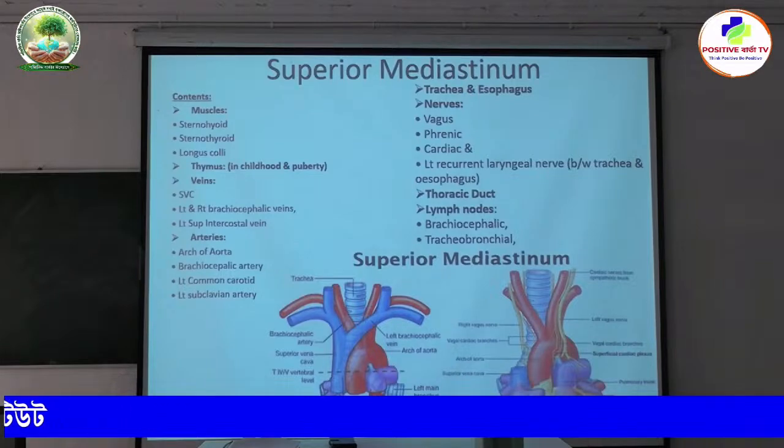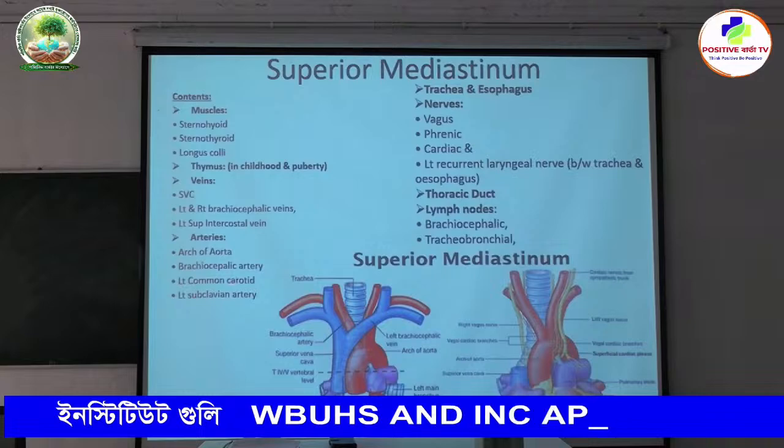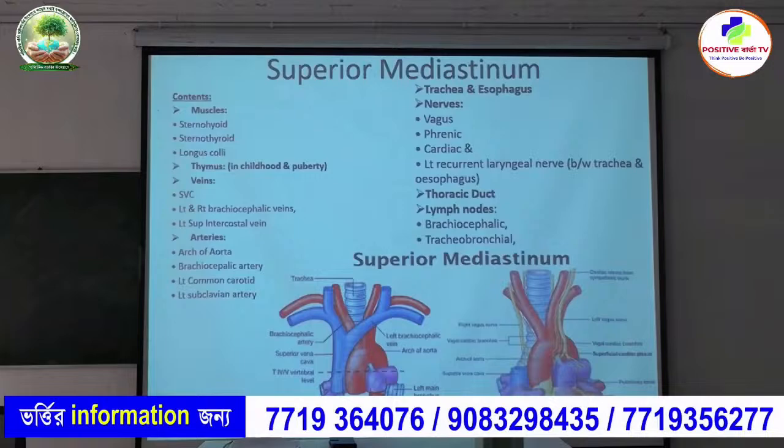This is small vein, sometimes you can see during the dissection. Okay. So arteries are arch of aorta and its three branches: brachiocephalic trunk, left common carotid, left subclavian artery. See here, this is arch of aorta, ascending aorta forming the arch, then continuing downward as the descending thoracic aorta.